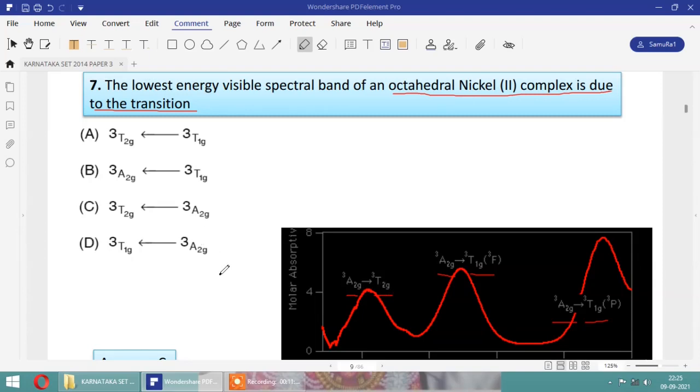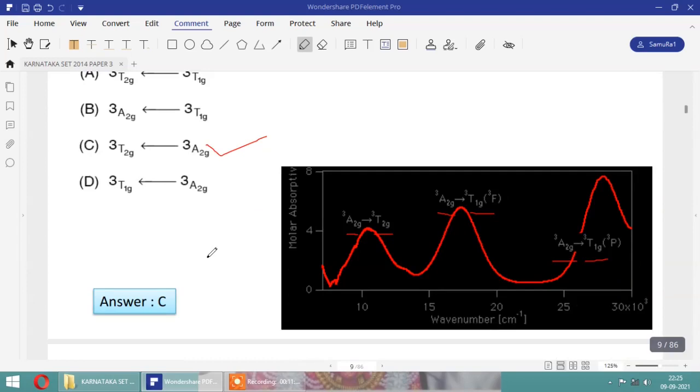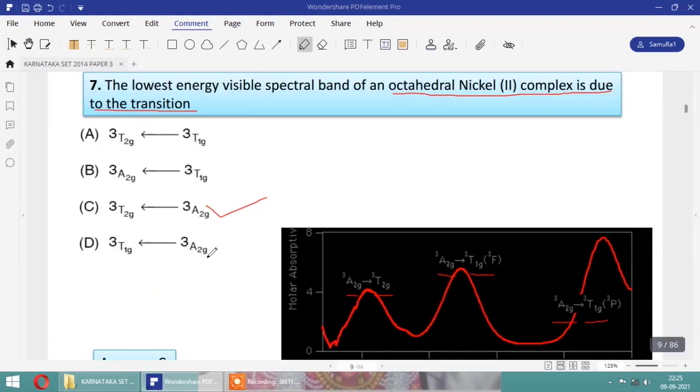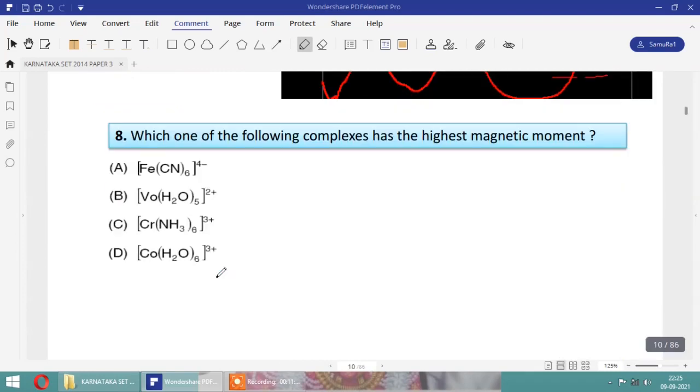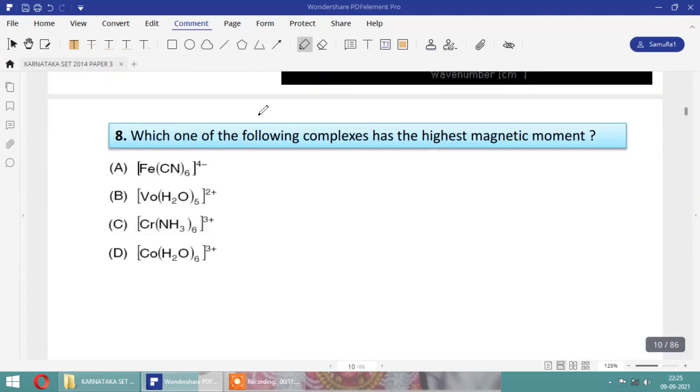Here the correct option is C. So they are asking which is the lowest band. Okay. Next question.